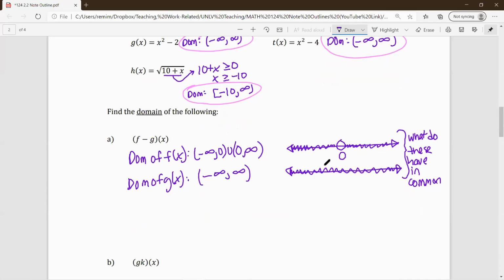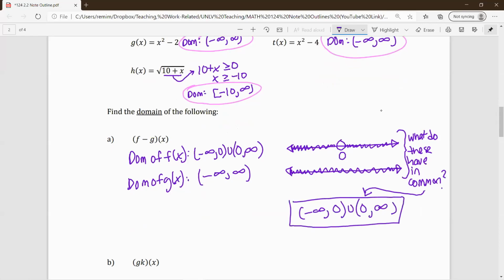So the parts that they have shaded in common are everywhere except 0. So they have everything from negative infinity up to 0, skip over 0, keep going to infinity. That's what they have in common. So that's going to be our answer for the domain of the whole f minus g of x. That's the domain for that.